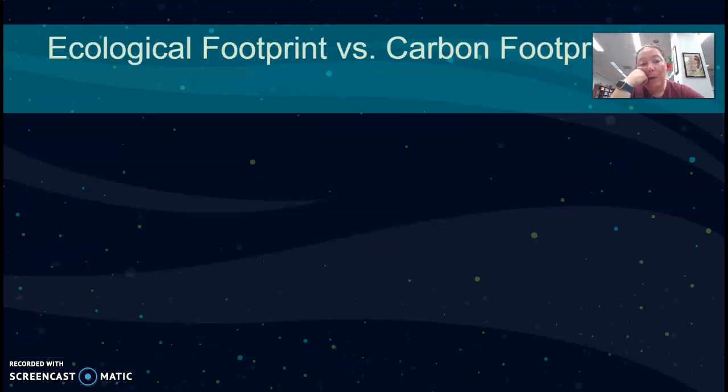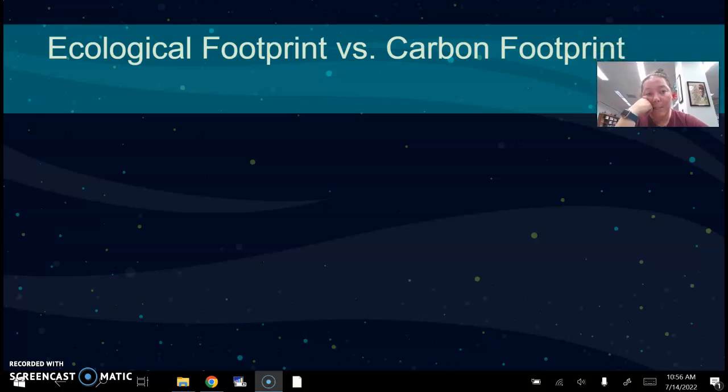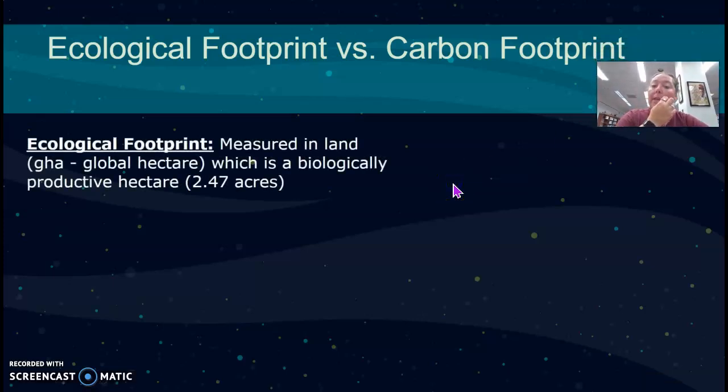We can also look at what we call a carbon footprint, which is a little bit different from an ecological footprint because an ecological footprint is measured in global hectares, which is a unit of measurement in terms of land. It's 2.47 acres. So a hectare is a biologically productive area of land, which means it provides food or water or materials for us.